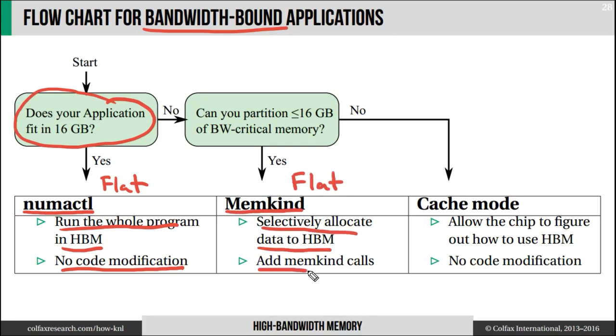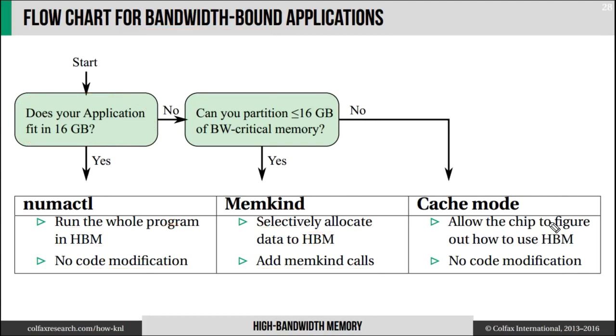You do have to modify your code in this case. And finally, if you don't know which objects are bandwidth critical in your application, then you simply use the cache mode. You do not modify your code, and you allow the chip to figure out at runtime how to use high bandwidth memory.